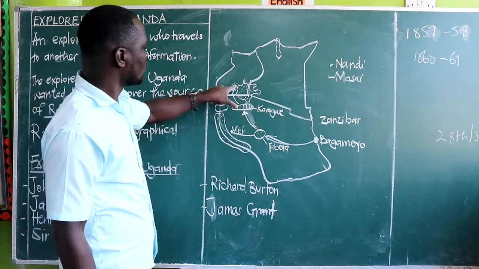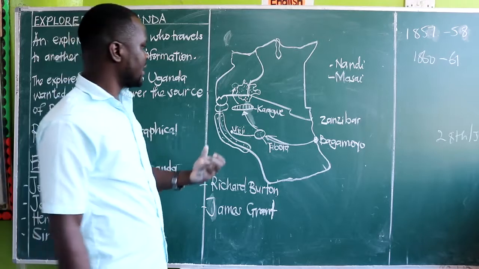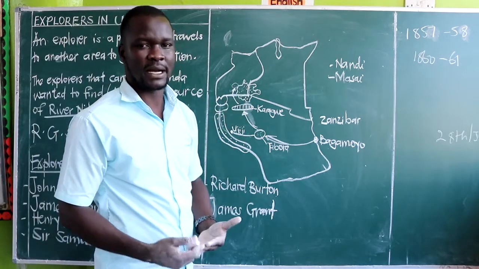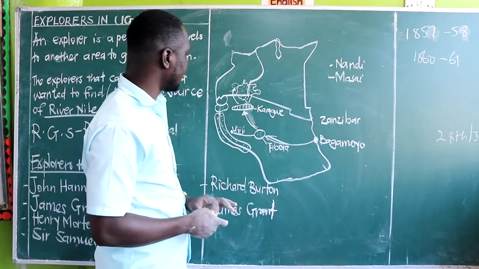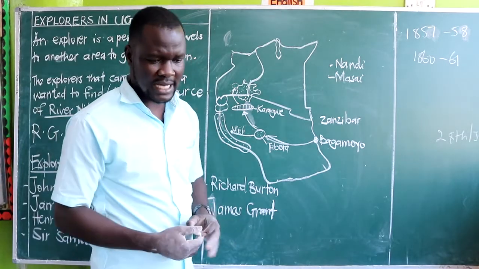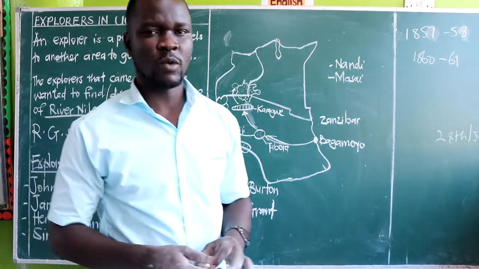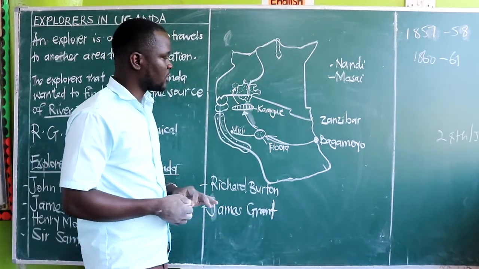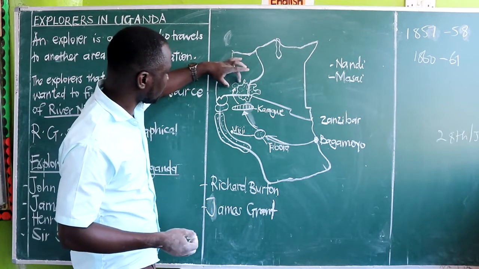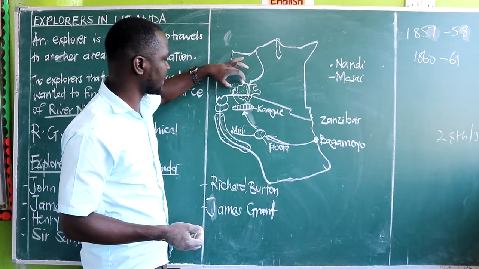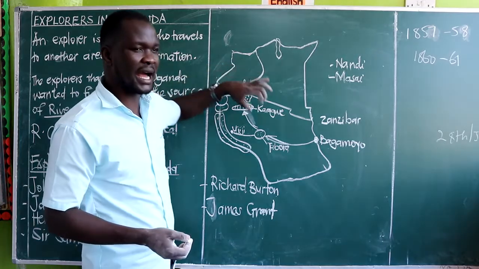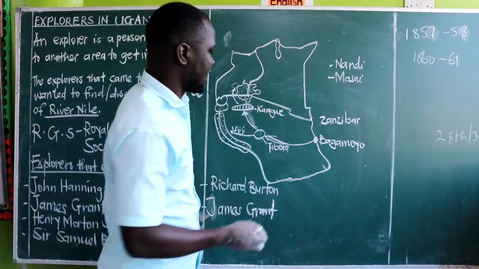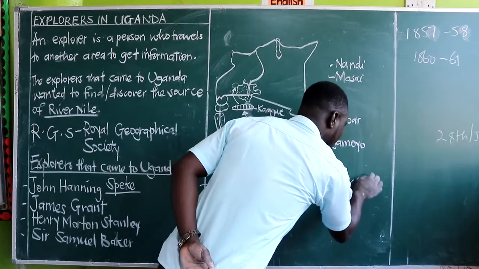Therefore, the two were entertained by the Baganda, and this was the time when Kabaka Mutesa I was the king of Uganda. You can be asked that question: who was the king of Uganda by the time the explorers visited Uganda? Now, John Speke had a gift for the king, a gun that we call a rifle.